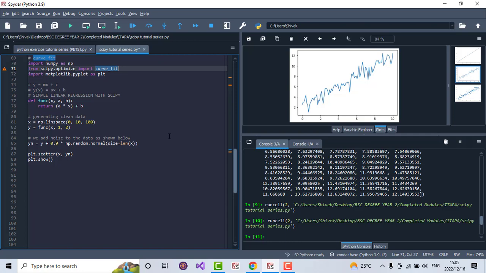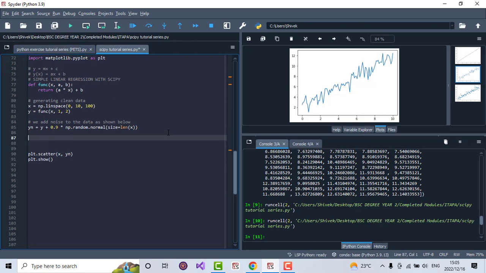Now, let us proceed to see how this works. Given a function and a set of data points, the curve fit function will try to find the values for the variables or constants of that function or equation. So let's proceed to logically implement what we just spoke.